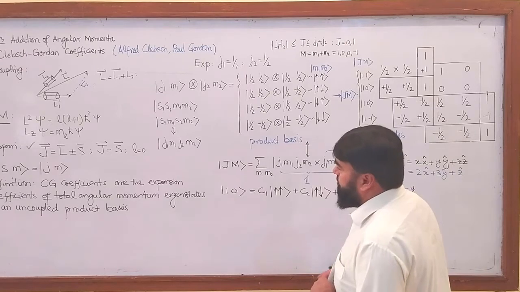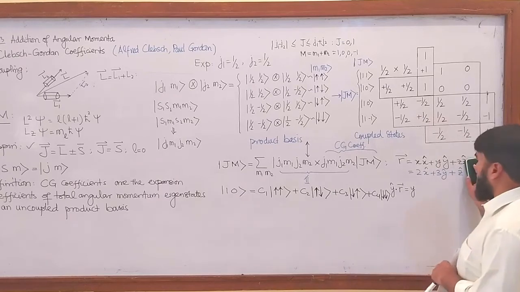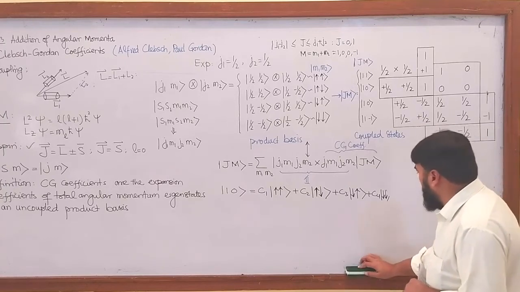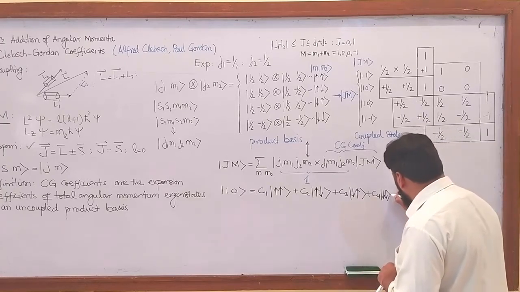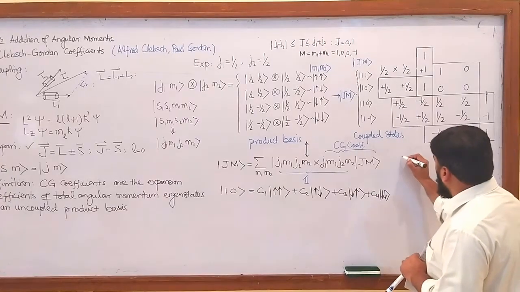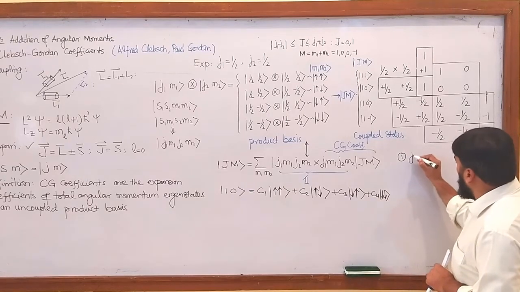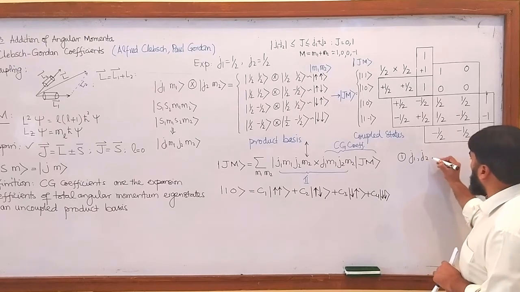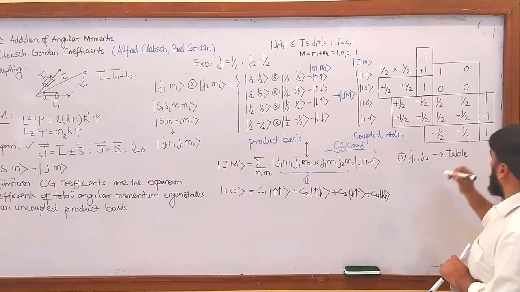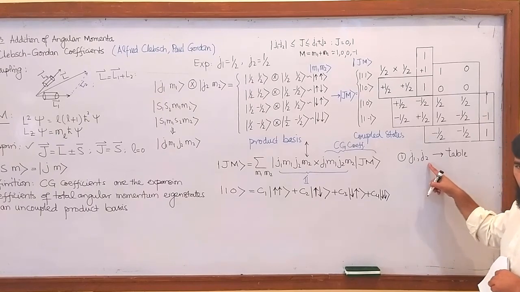Let's start by erasing this in order to write some rules for understanding this table. The very first rule is that the values J1 and J2 will tell you about the table.